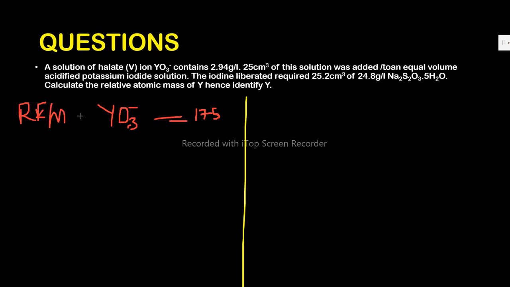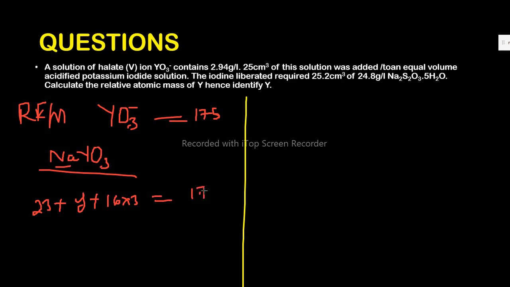So let's assume it to be sodium halide. So the RFM of this, let's assume the RAM of Y to be Y. This one is known, this one is known, so it will be 23 plus Y plus 16 times 3, which is 48. The whole of it should equal 175.